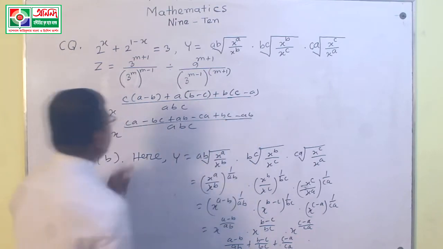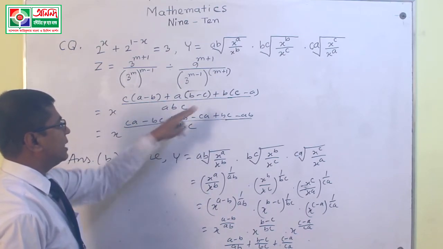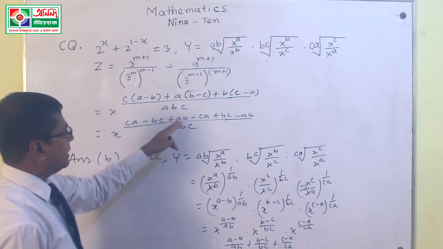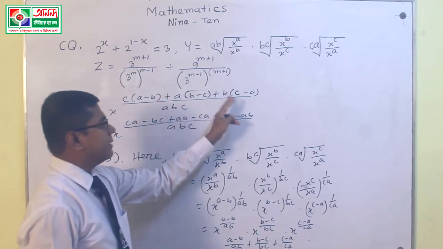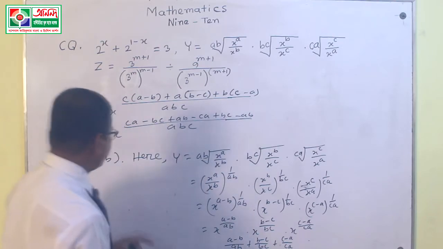If we multiply a minus b by c, then we get ca minus bc, and if we multiply b minus c by a, then we get ab minus ca, and if we multiply c minus a by b, we get bc minus ab.